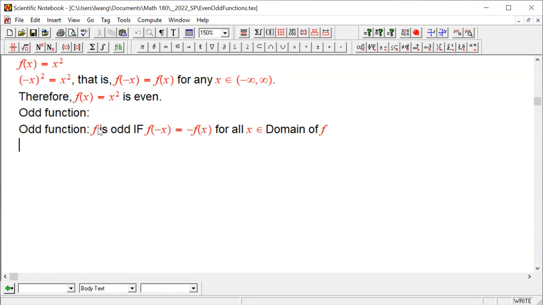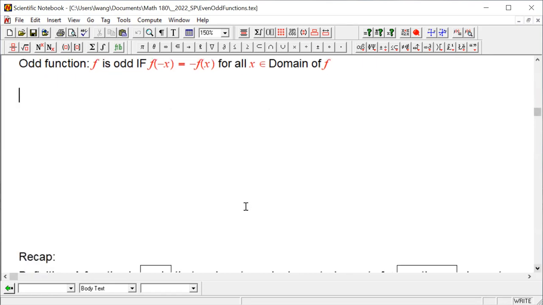But what is the geometric meaning of it? Now I'm going to approach this explanation in a slightly different way. What it means is negative f of x.